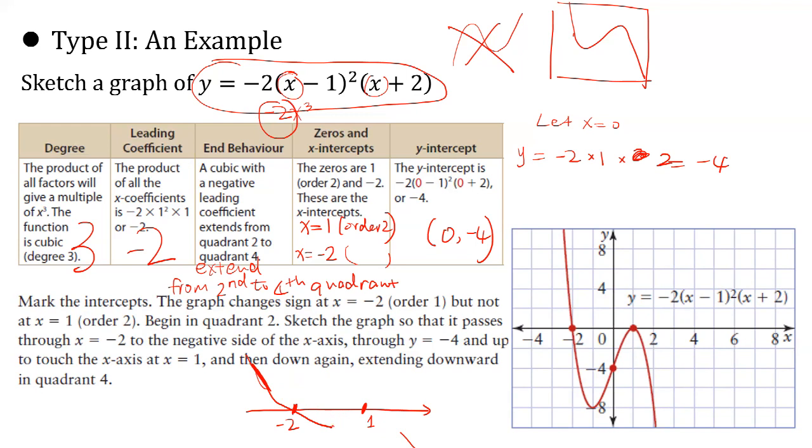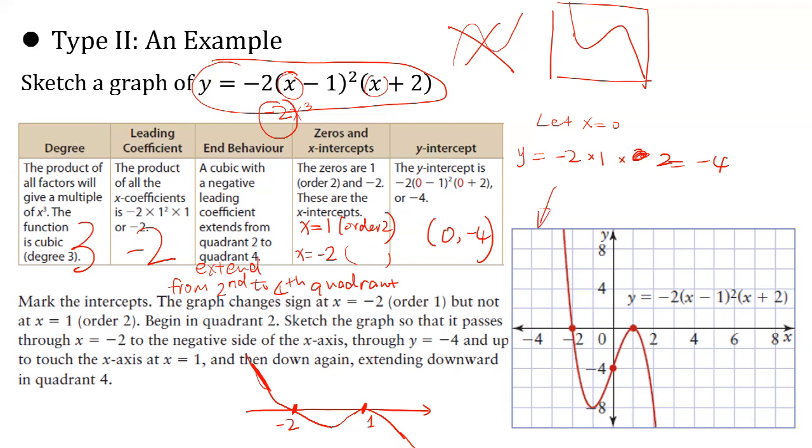And extend all the way to the other zero, 1. And note that the zero x equals 1 has order 2. Order 2 is an even number, right? So if a zero has an even order, this function does not change sign here. So it bounces back and extends all the way to the fourth quadrant. So basically it has a sketch of this, right?